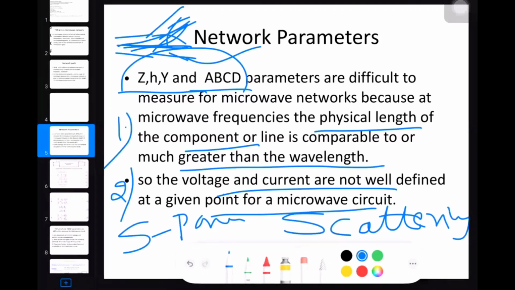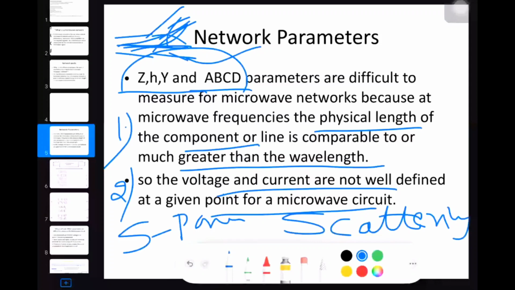As the circuits are operating at higher frequency, we cannot measure the voltage and current at one particular point of time because we don't have devices which can measure the microwave voltage or microwave current, right? So that's why we cannot analyze microwave networks using Z, H and Y parameters, but instead we go for a parameter called scattering parameter.